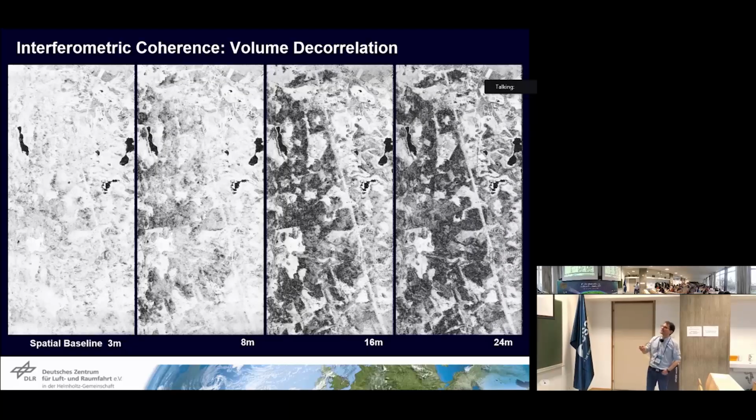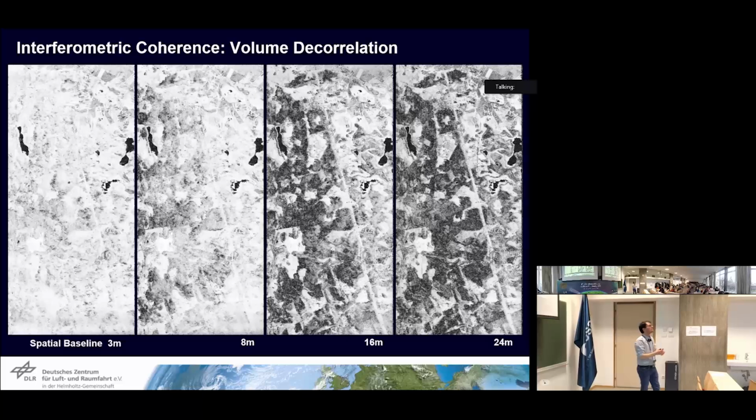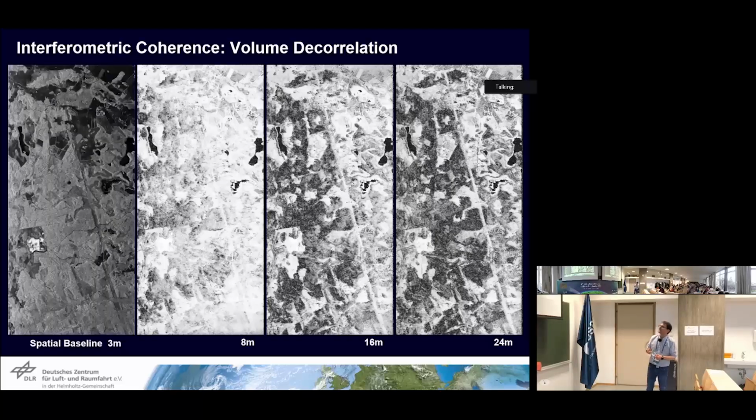When you increase the baseline, you have exactly the behavior you remember: the surface has a high coherence that stays pretty constant, while for volumes the coherence decreases.